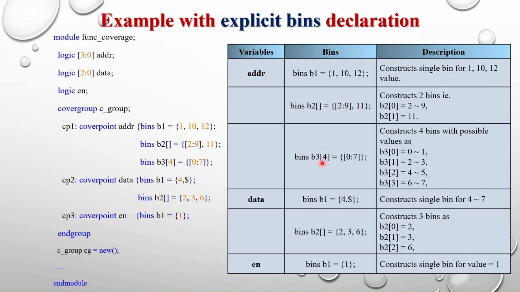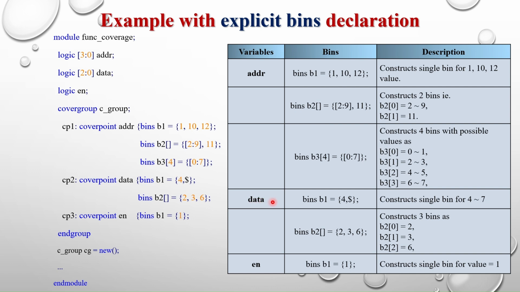But when the size is fixed, you have to count all the values in the range as well as the separate elements. So 0 down to 7 will be 8 elements when the size is fixed, and you have to divide the elements equally. If it is not equally divisible, the last bin will get the remaining values. This is one thing you have to remember.